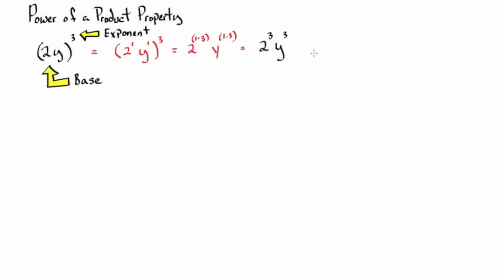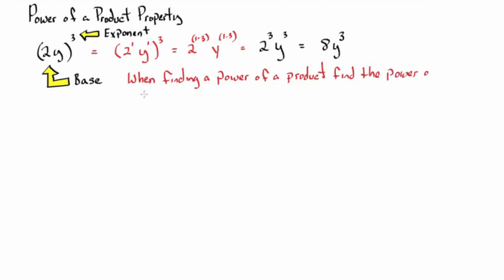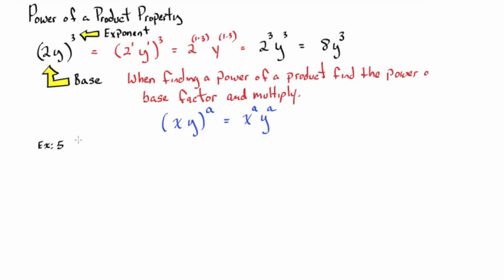So 2 to the 1 times 3 and y to the 1 times 3 gives us 8y to the third. When finding a power of a product, find the power of each base factor and multiply times the exponent. So xy raised to the a equals x to the a, y to the a.